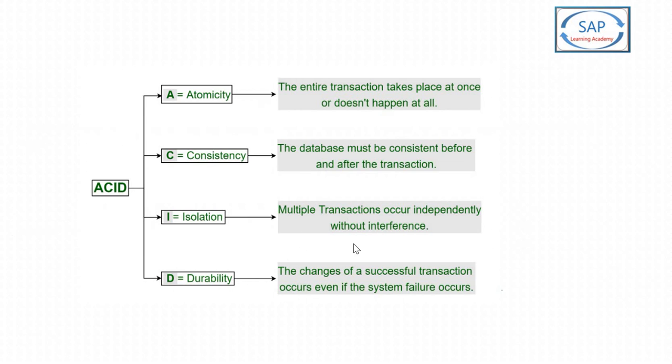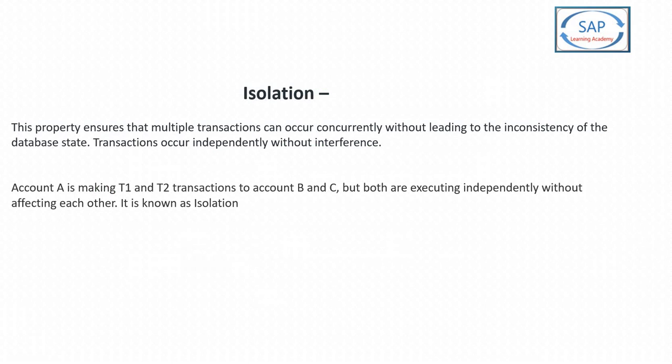Now coming to the next one, isolation. Isolation means that multiple transactions occur independently without interference. This property ensures that multiple transactions can occur concurrently without leading to inconsistency of the database state.